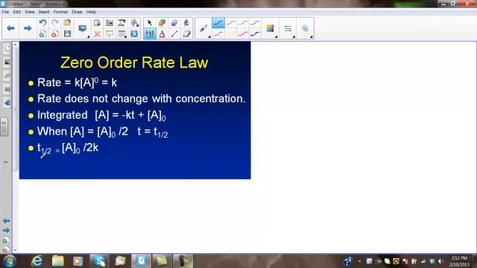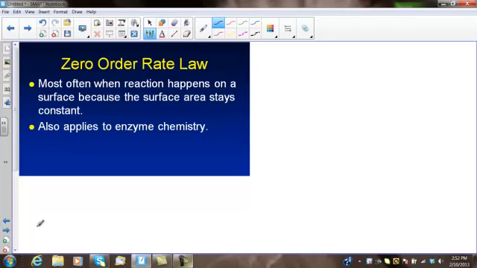And your half-life is equal to the initial concentration of A divided by 2k. Zero order rate law, most often when a reaction happens on the surface because the surface area stays constant. And as I said earlier, this applies to enzyme chemistry or catalysis.